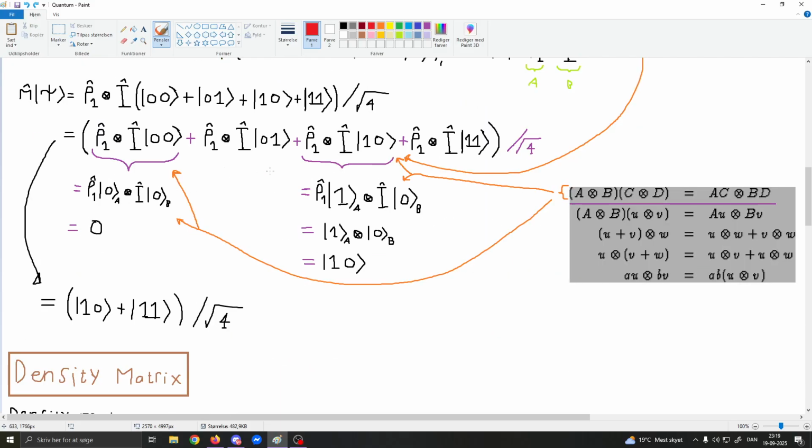Now this is quite a lot to calculate. I didn't bother calculating it all, so I'm just going to do two important examples out of these four. The first one is this one. Notice that we have two operators tensored together, multiplied onto two kets tensored together.